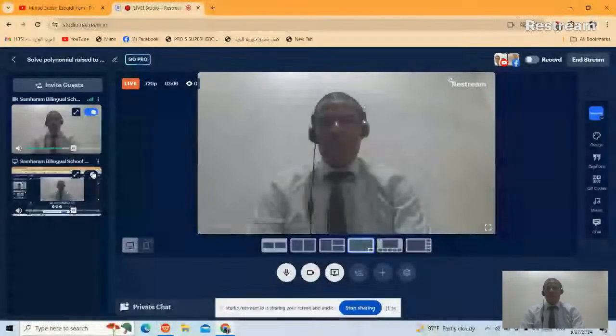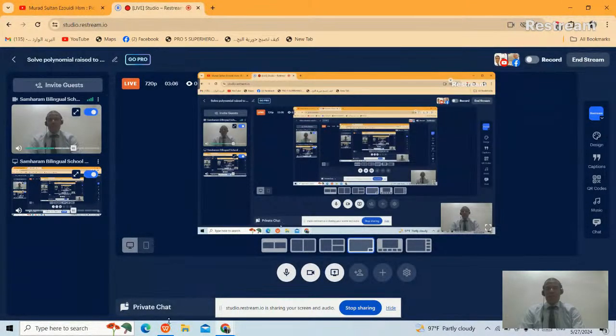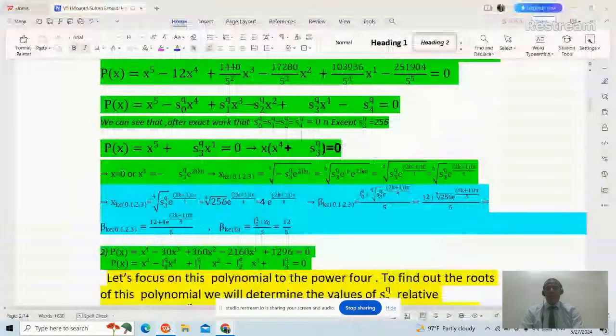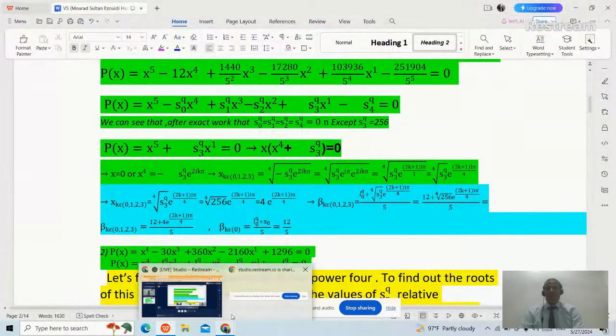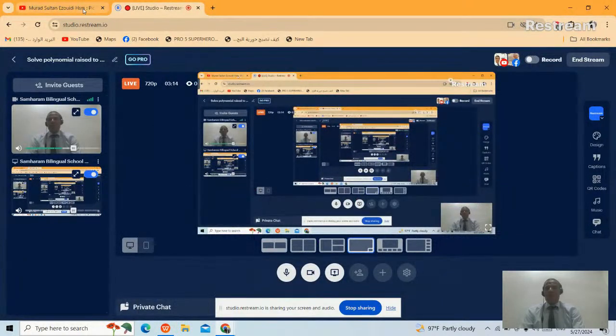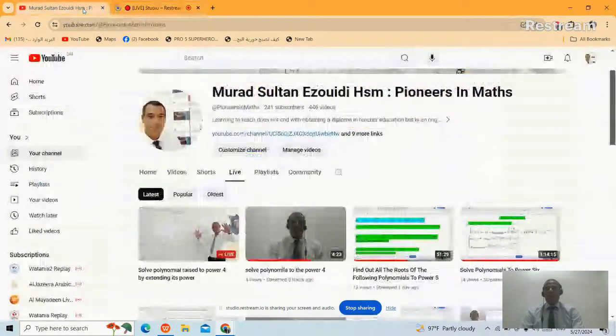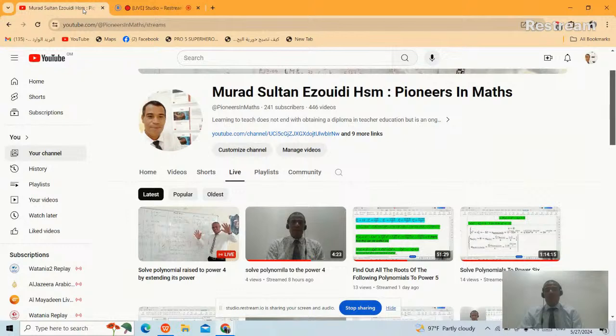Yes, now learners, we said that we are going to solve a polynomial raised to the power 4, and we are going to show two methods that deal with finding all the roots without error estimation and without an approximation method, meaning the method of Newton that is used to approximate the roots.